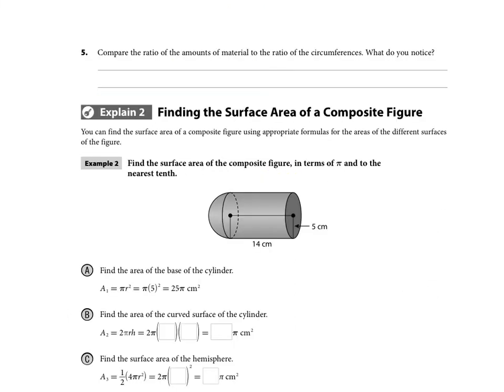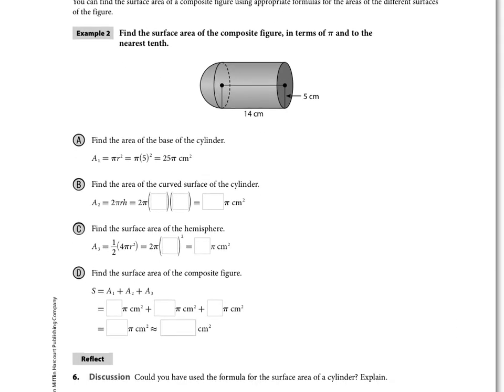On the next page, we have the surface area of composite figures. And just like before, we're going to be painting the outside surfaces here. So you can see the process they've walked you through for A, B, and C here in example 2.